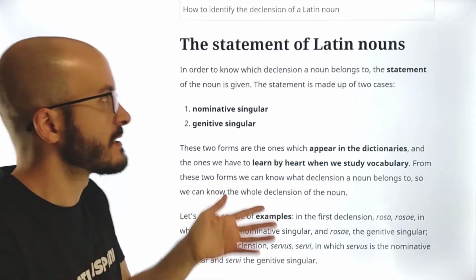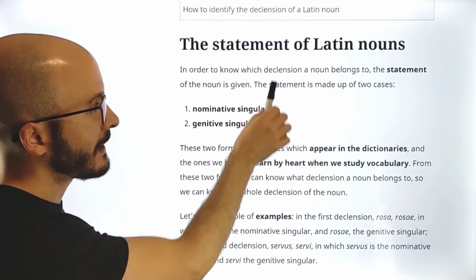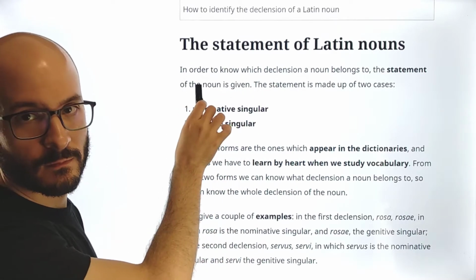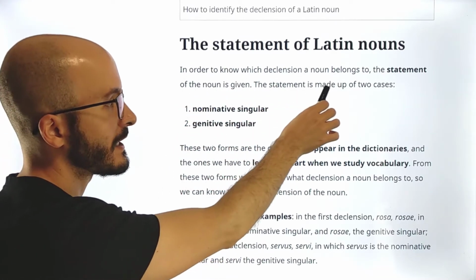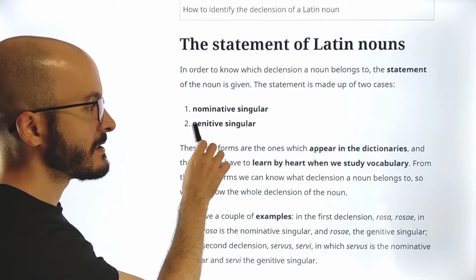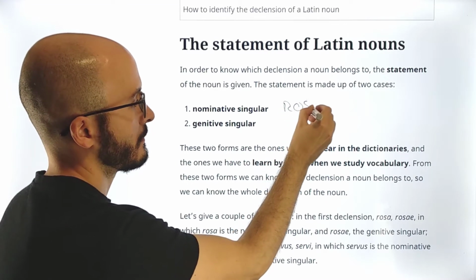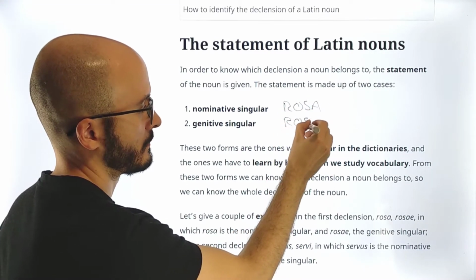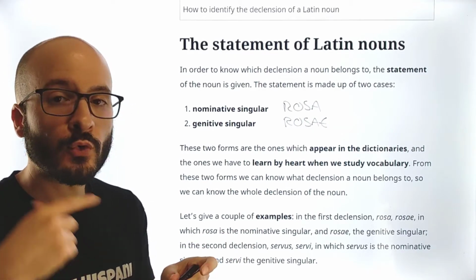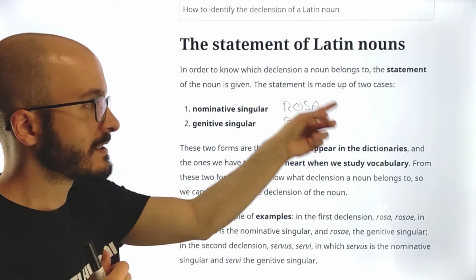So what is this statement thing of Latin nouns? In order to know which declension a noun belongs to, the statement of the noun is given. The statement is made up of 2 cases: nominative singular and genitive singular. If you remember, I said rosa, rosae. So when we refer to a noun in Latin, we say these 2 things.